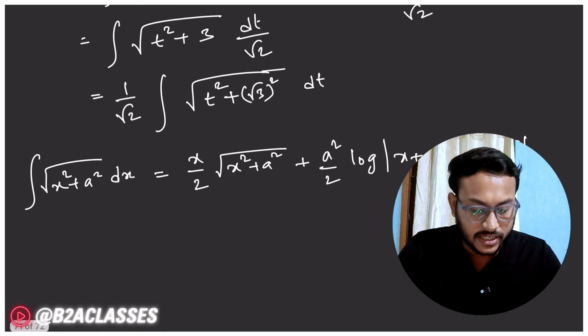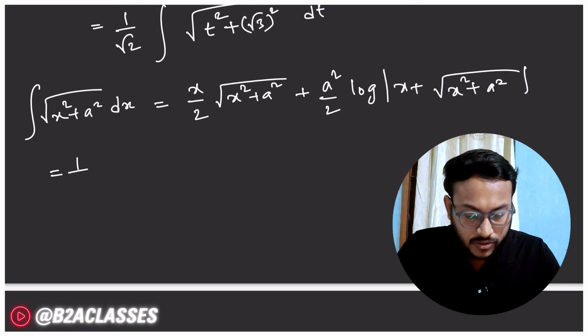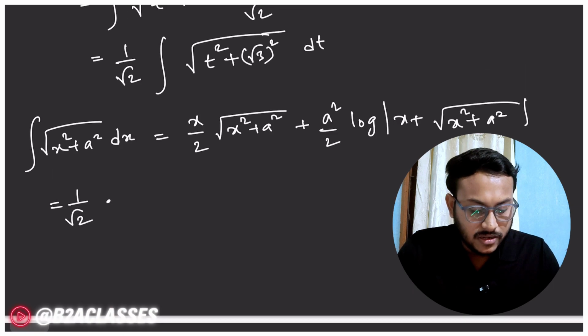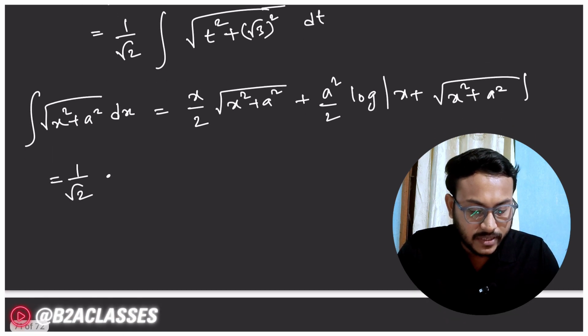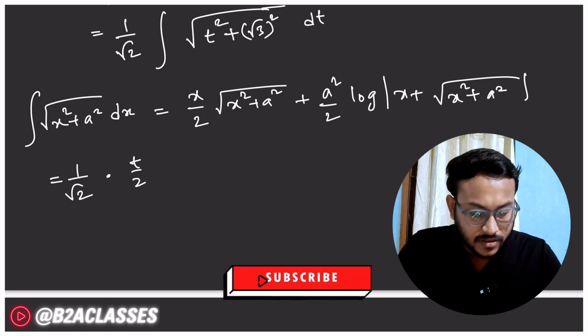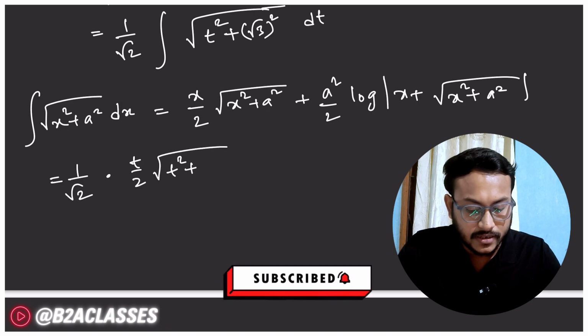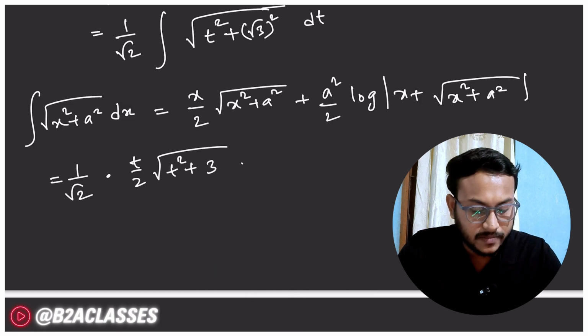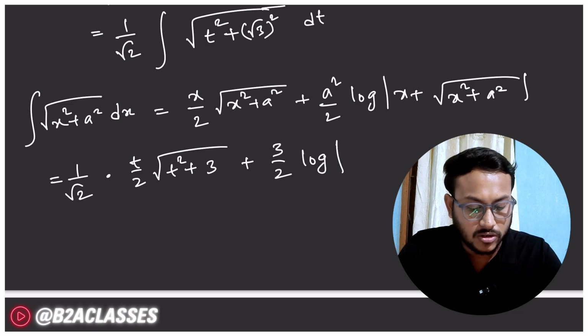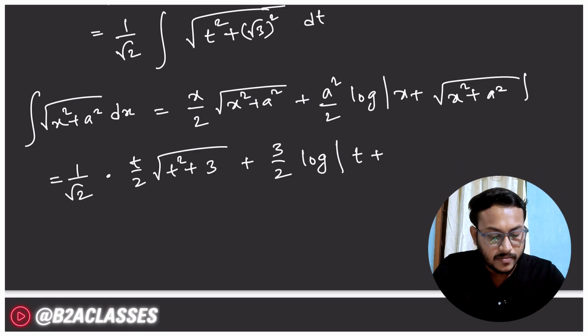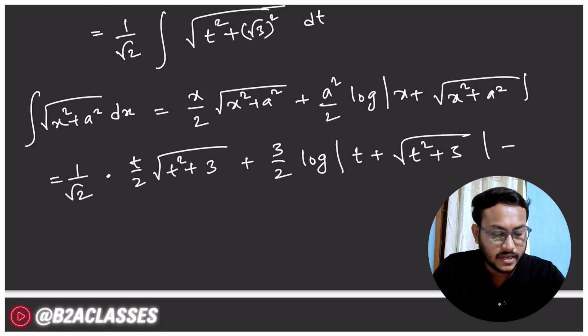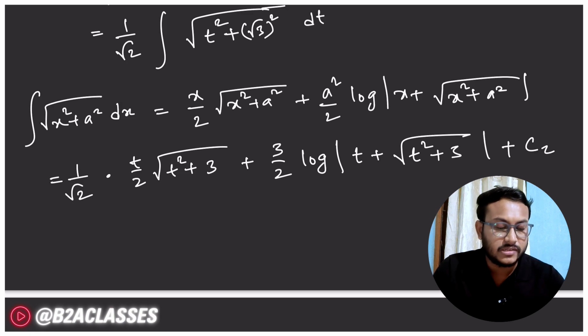So 1 by root 2 into, x by 2 means t by 2, because our function is a function of t, root over t square plus a square, where a square is 3, plus a square by 2 means 3 by 2 log t plus root over t square plus 3, plus c2. c2 is the constant for the integration I2.